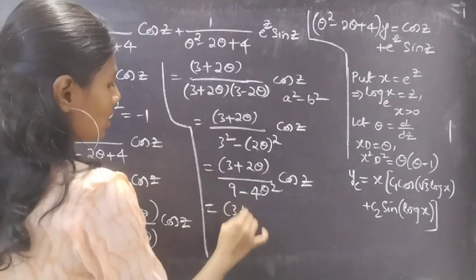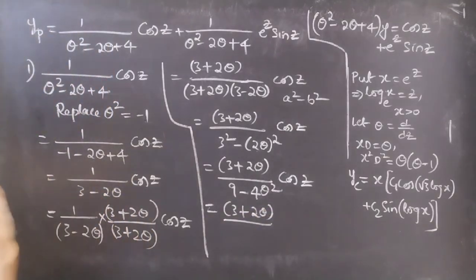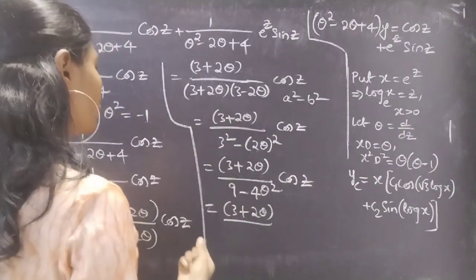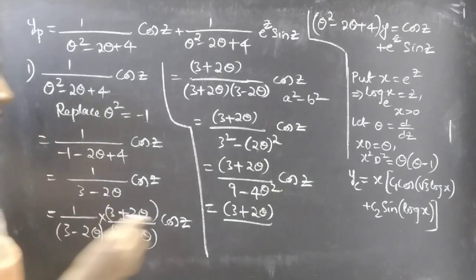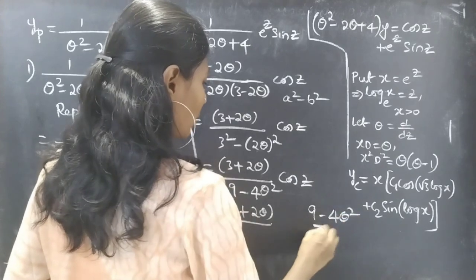This equals 3 plus 2 theta by, right. Now, again, theta square appears in the denominator. So what we have to do? We have to replace theta square by minus 1. And while replacing, we have to remember that the denominator must be non-zero. We'll just check it by replacing theta square by minus 1.